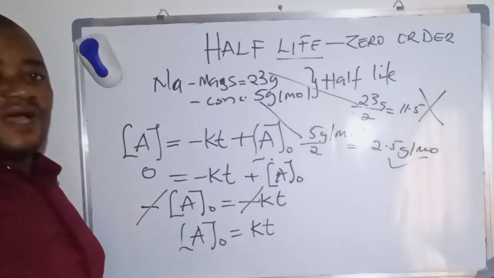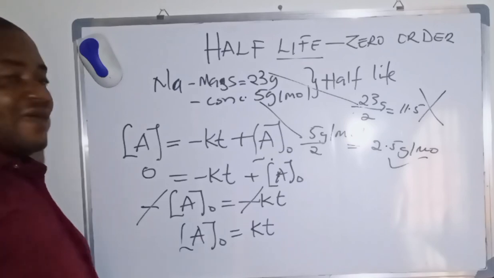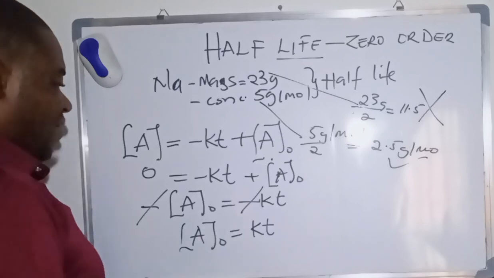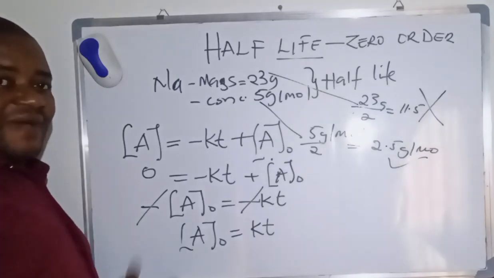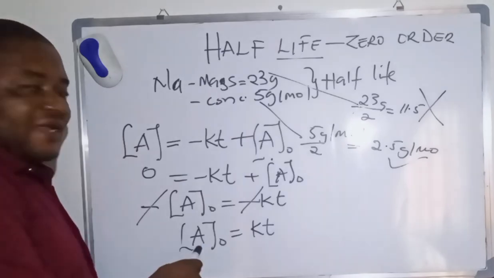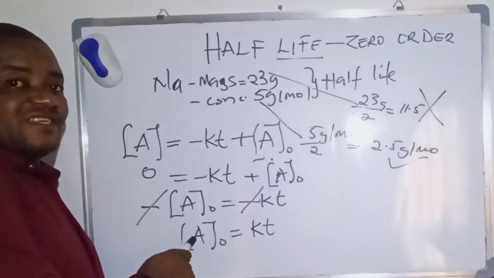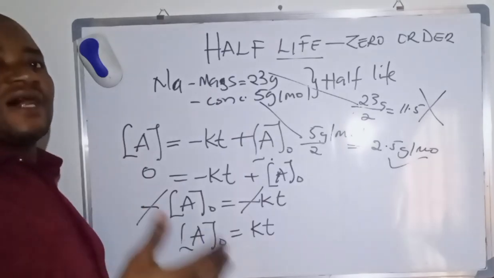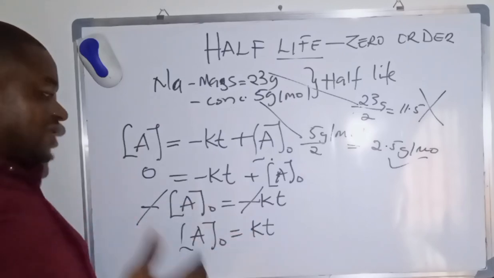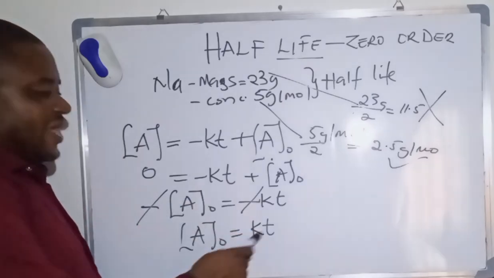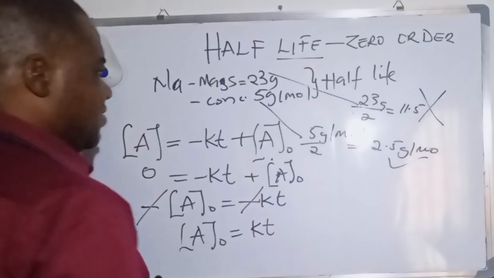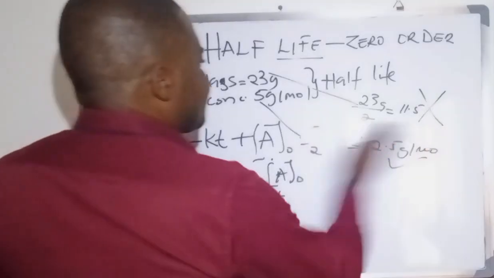Now, since we are talking of half-life, half-life is always defined as T half. By the half-life definition, we expect that the initial concentration will go to half its concentration. That means we divide this by 2 and denote it with the correct convention.